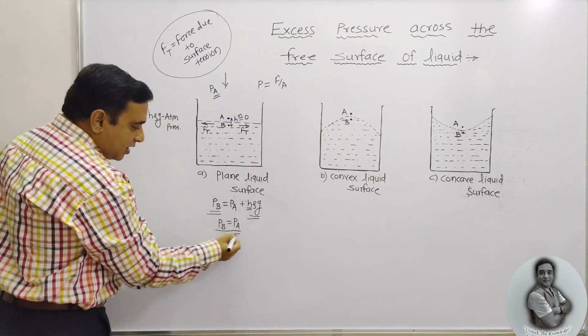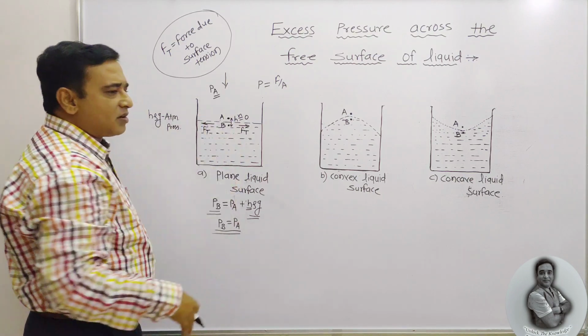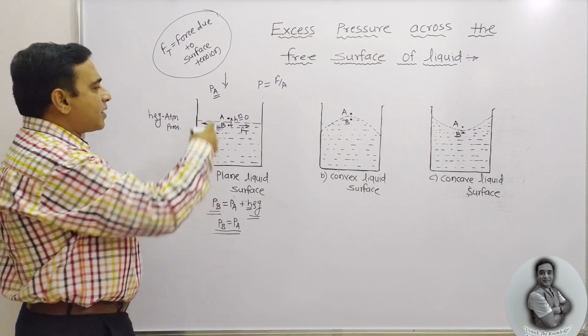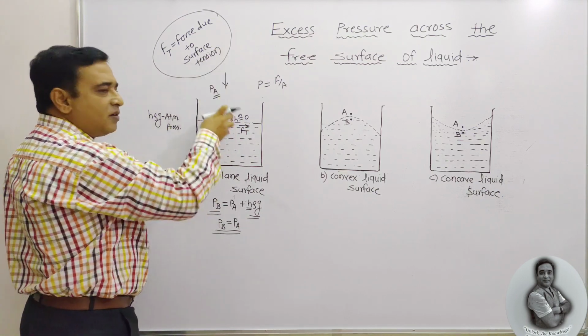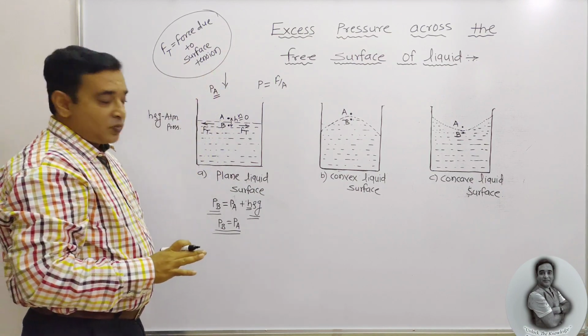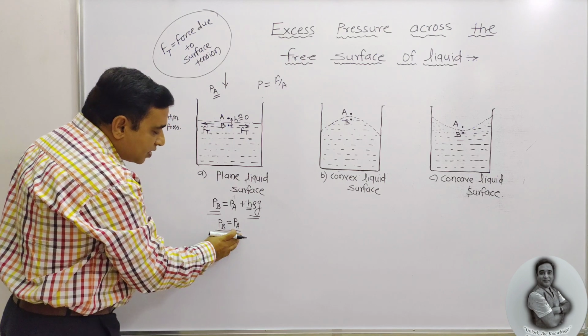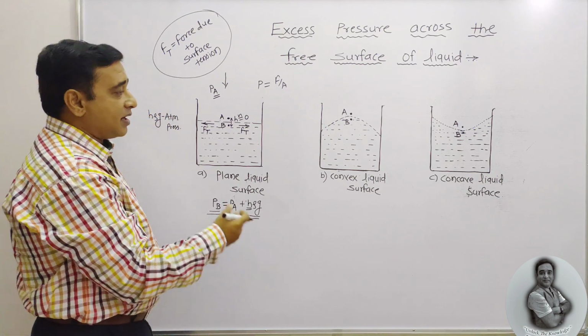This clearly indicates no excess pressure. There is a counterbalancing force applied by Ft. It balances the force applied by the atmosphere, and hence the pressure at the A side is equal to the pressure at the B side.